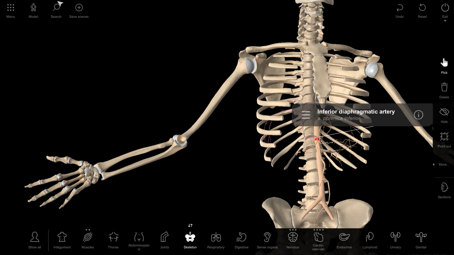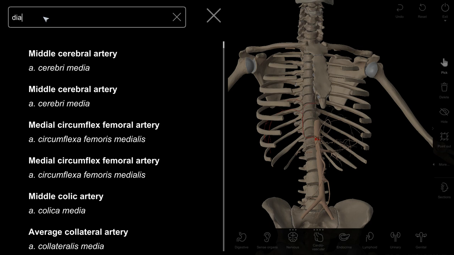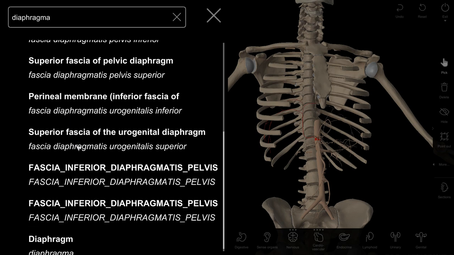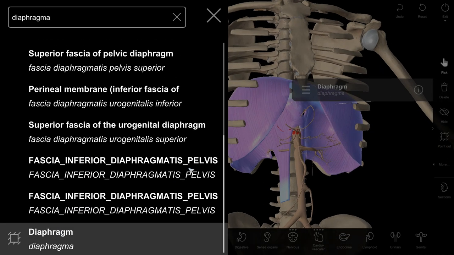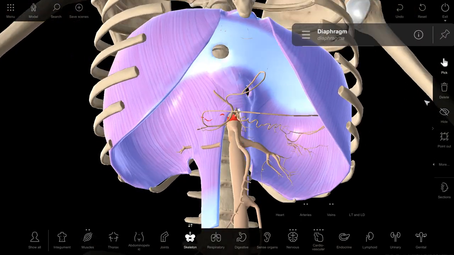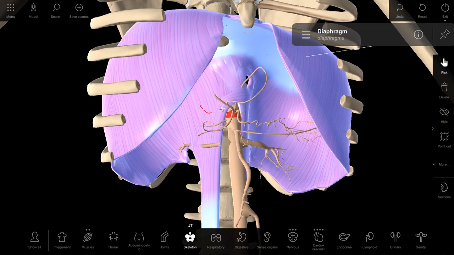And let us find diaphragm. Here it is, the diaphragm, and now we can really see that this red color artery is right arteria phrenica inferior.